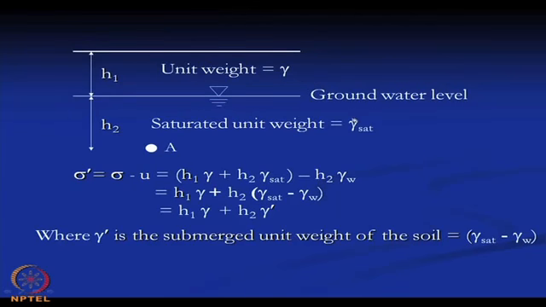Now, how will we calculate the total stress or effective stress in a soil medium? Suppose this is a soil medium where the water table is at a depth of H1 from the ground surface, and the unit weight of the soil above the groundwater table is gamma. The unit weight of the soil below the groundwater table is the saturated unit weight, gamma sat, because it is below the water table.